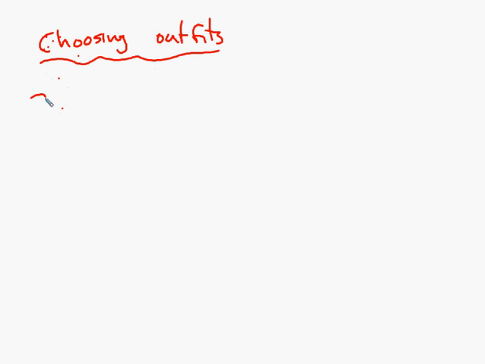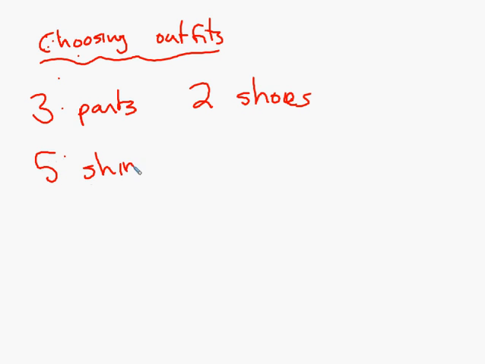Okay, all right. So let's do another situation where we have multiple things that we would select. So let's say we are choosing outfits for prom. And maybe we have 3 types of pants. Maybe we have 2 types of shoes. Maybe we have 5 types of shirts.